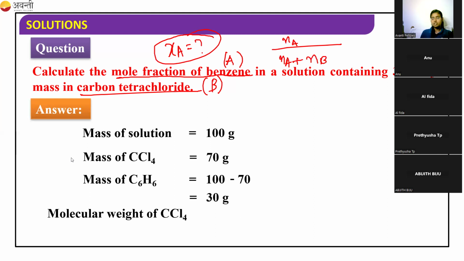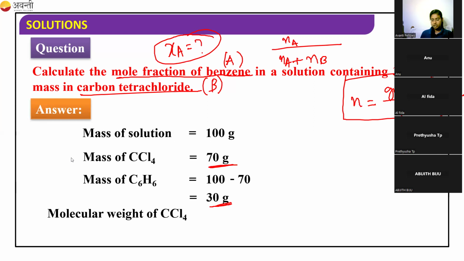Number of moles is equal to the given mass divided by the molar mass or molecular weight. So this is the formula. That's why we have taken the given mass of CCl4 and the mass of benzene. Now we need the molar mass, which is nothing but the molecular weight of both the components.